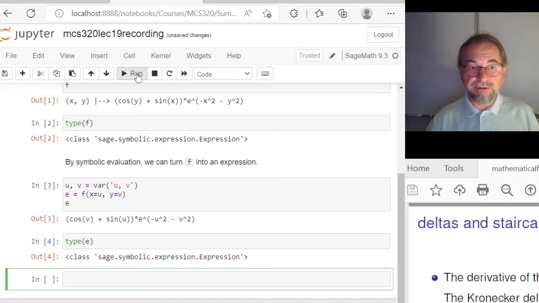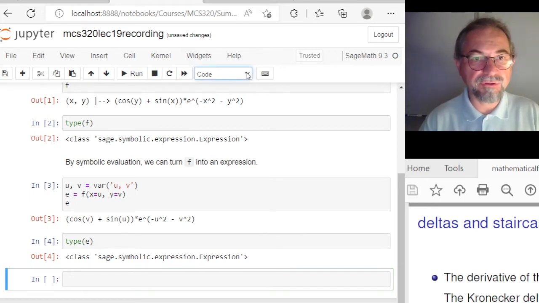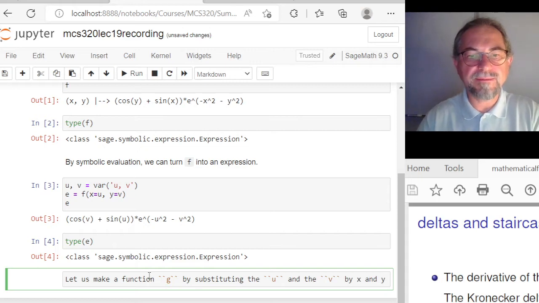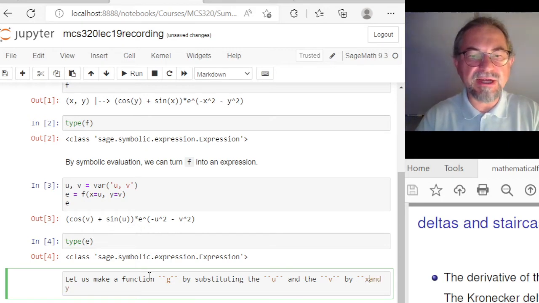I can go the other way around. So let's make a function g by substituting the u and the v by x and y. So x and y are the parameters of the function. It's natural to take x and y, but there's nothing that actually prevents us from using other letters.